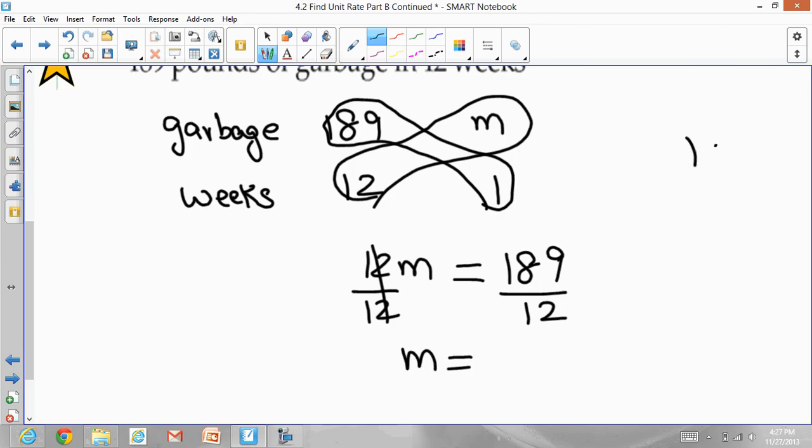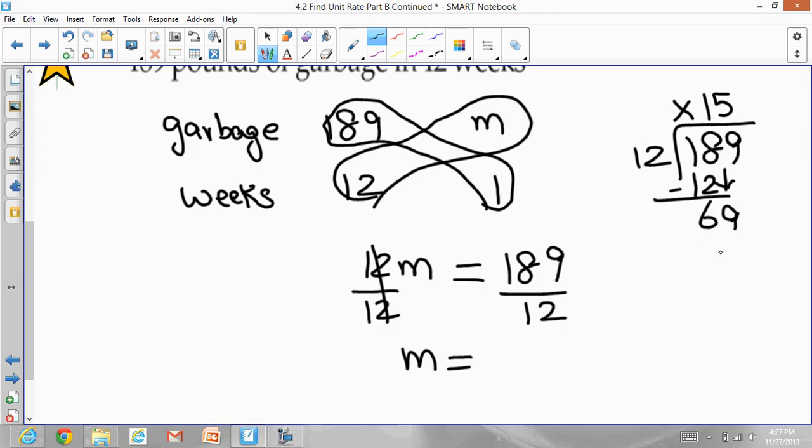So 189 goes in the shelter, and you're going to divide it by 12. 12 cannot go in a 1, 12 can go in an 18 one times. 6, 9. 12 goes into a 69 5 times to give you 60. Now decimal point, 00. Bring the decimal point straight up.